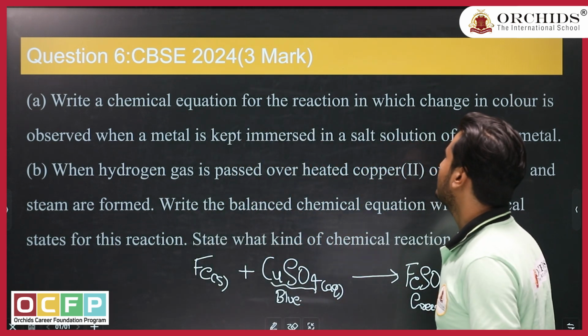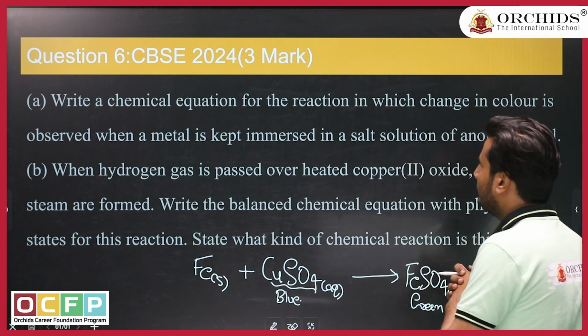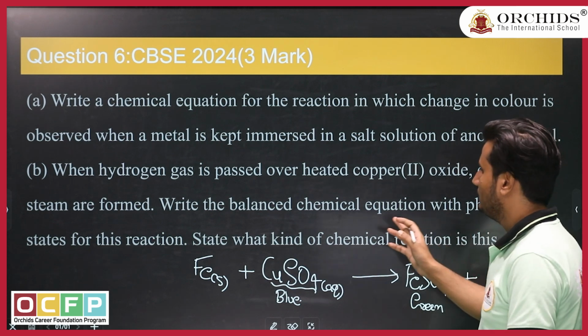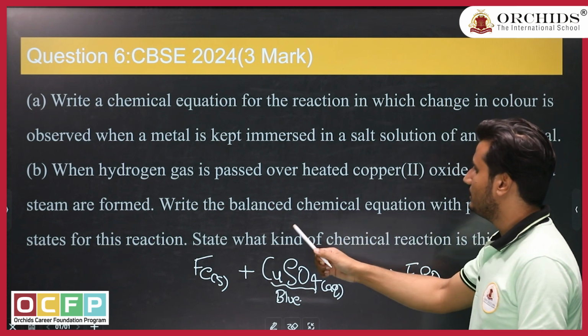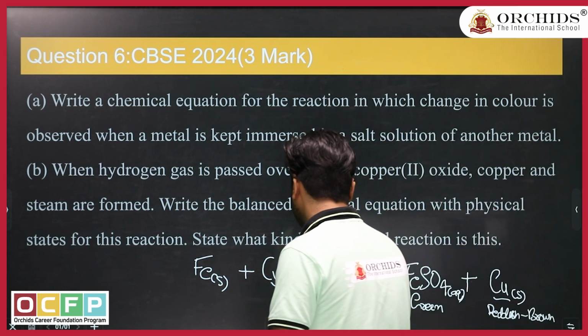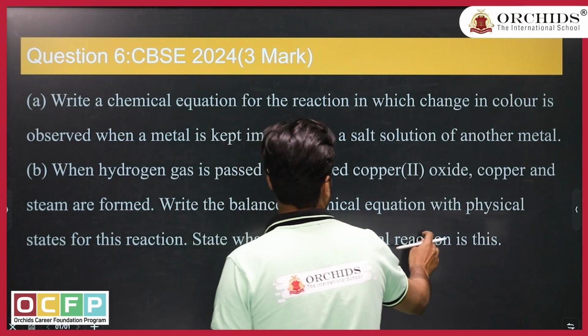When hydrogen gas is passed over copper 2 oxide, copper and steam are formed. Write the balanced chemical equation with the physical state for this reaction. What kind of chemical reaction is this? Okay. So, let's take our next question.